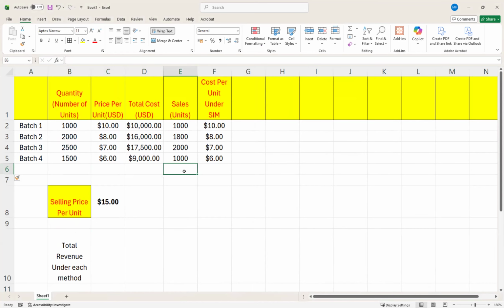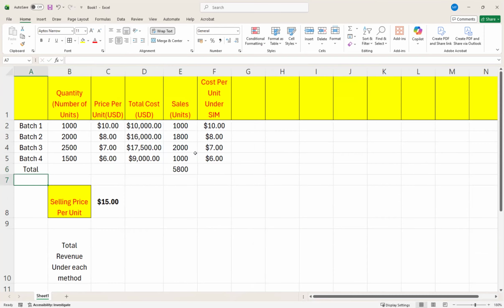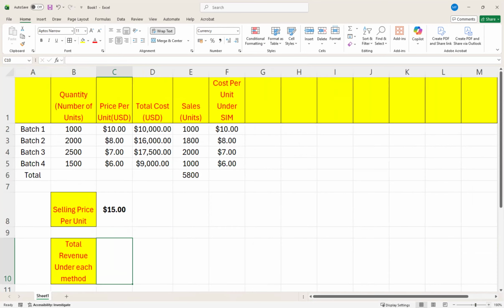Total sales is equal to the total number of units sold, 5,800 units. Can you tell me, if I have to find out total revenue under each method, I should multiply which cell by which cell? Quickly, if you are able to see the Excel properly.